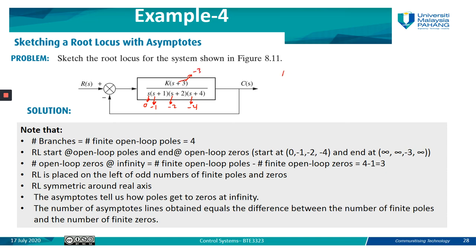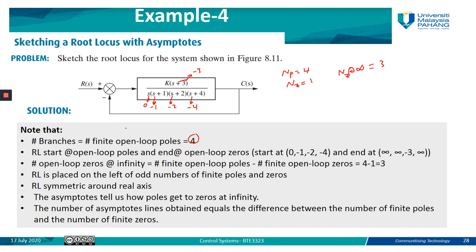Okay, so number of poles equal to 4, number of zeros equal to 1 only, while number of zeros at infinity is equal to 3. We have 3 zeros at infinity, we have one finite zero at -3, and we have 4 poles. So the first rule here, number of branches for root locus is equal to number of poles. So we will have 4 branches for root locus.